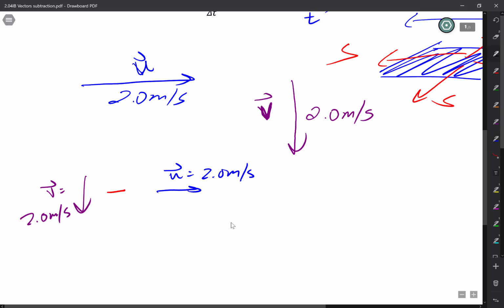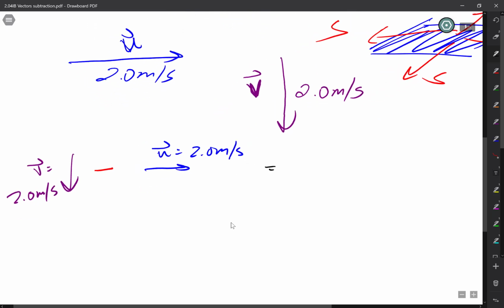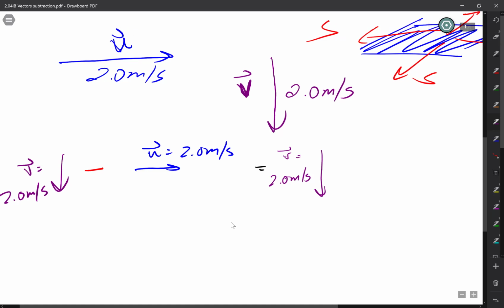Now, according to what I've shown you before with vector subtraction, all you need to do is take the vector that you're subtracting and add the flipped vector. The final velocity stays the same because we're not subtracting that one, but instead of subtracting, we are going to add our second vector, but flipped in the other direction.